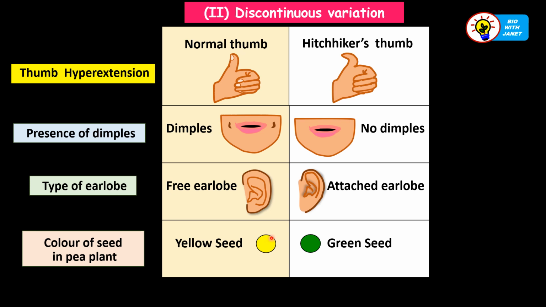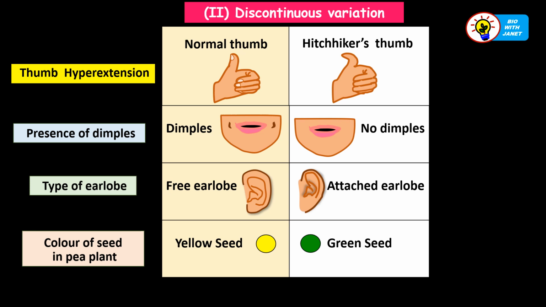As you can see here, for discontinuous variation, usually the categories that exist for a characteristic are very few. Like for thumb hyperextension, there are only 2 categories. Dimples also, only 2 categories: either have dimples or no dimples. Sometimes a few more categories may be involved, maybe 3 or 4, but usually there are very few different variations for that characteristic.